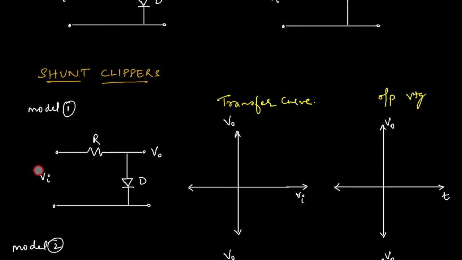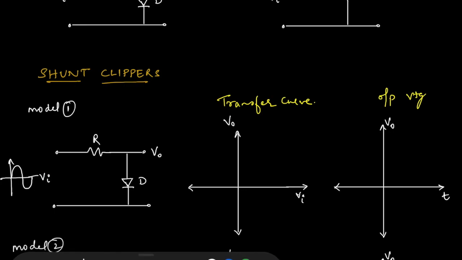Now, assuming that we have a sinusoidal input for all the cases, we should know that whatever drop occurs in R and D is negligible. Consider the positive cycle and the negative half cycle. When the input is positive, it should go to the output, but the diode is connected in such a way that whenever a positive voltage reaches the anode, it conducts and diverts the output to the ground.